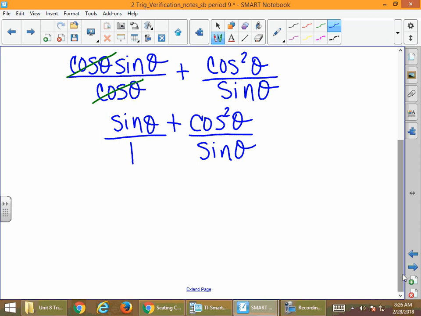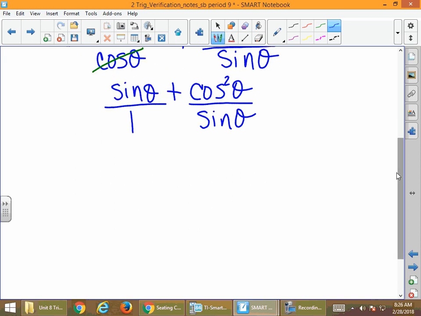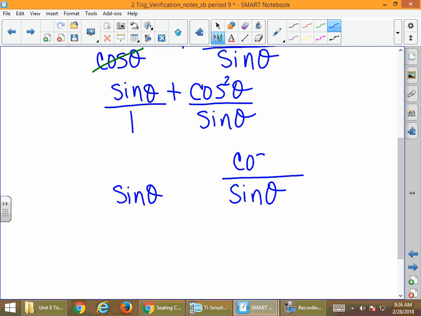And if we multiply 1 times sine, our common denominator will be sine of theta. And the nice part is that this term, cosine squared theta divided by sine of theta, is not going to change. And we already have a sine of theta in there. But we're multiplying by a fancy form of 1.